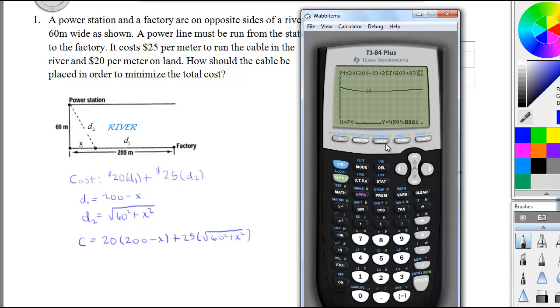Alright, so do that one more time. Minimum. Enter. And move to the right. Enter, enter. So it was 79.99999, which is trying to be 80, and the y is 4,900.